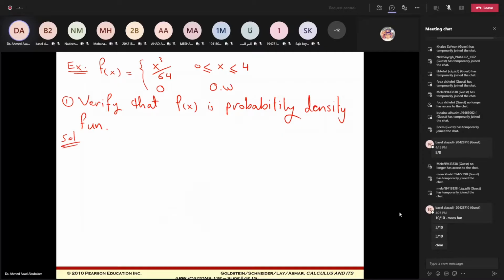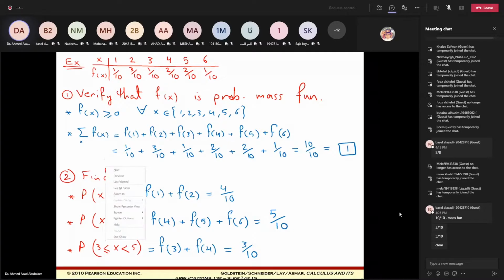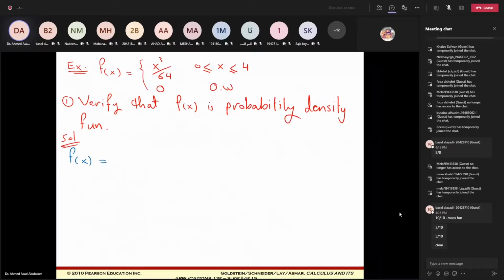The first one, what? f of x greater than or equal to 0, and this is because f of x equals x to the power 3 over 64. This is positive and this is positive, so positive over positive, this is greater than or equal to 0 for all x belonging to 0 to 4.